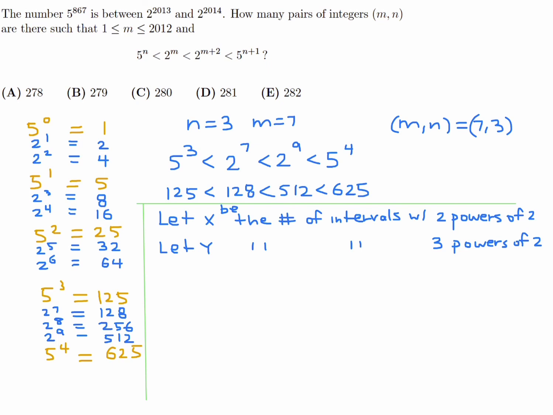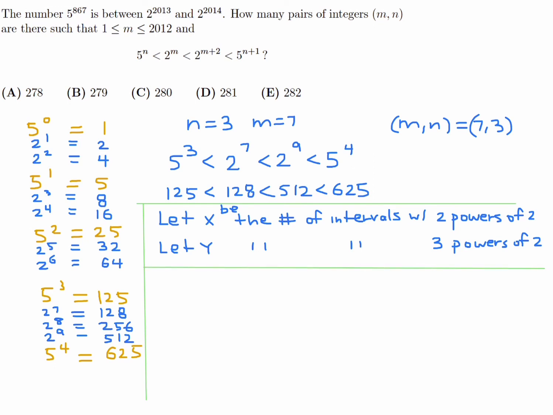Now, how many intervals am I going to count, though? So far, I've got 1, 2, and 3. So I've got 3 intervals that have 2 powers of 2. And I've only listed one here that has 3 powers of 2. Well, that's where this comes in. That clue is very, very helpful. And here is why it's helpful.